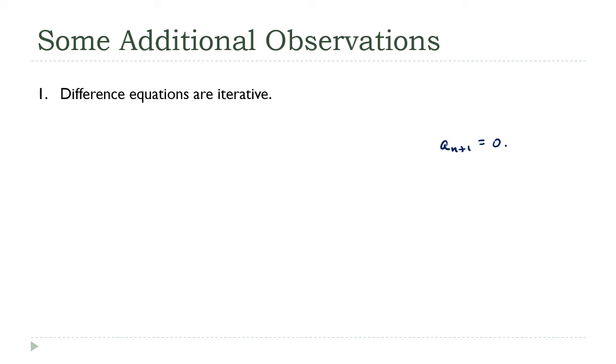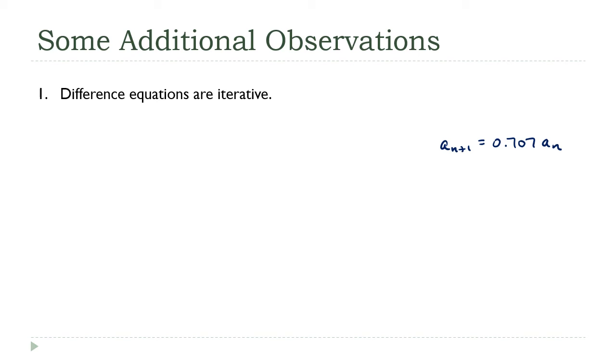It was 0.707 A sub n, right? So to find A sub n plus 1, you have to know A sub n. In other words, to find the value A when n equals 100, you have to know the value when n equals 99. To find the value when n is 99, you have to know the value when n equals 98, and so on, right?